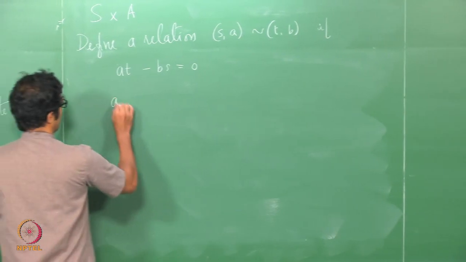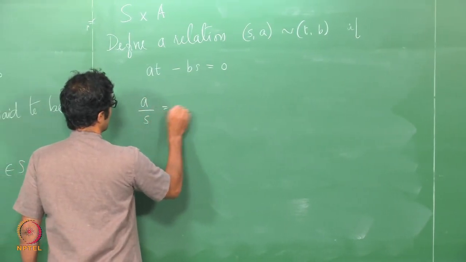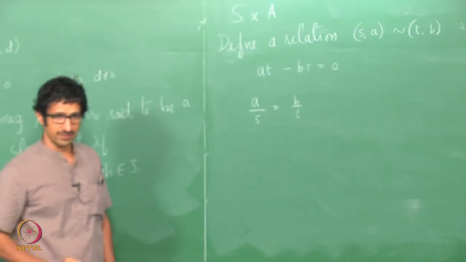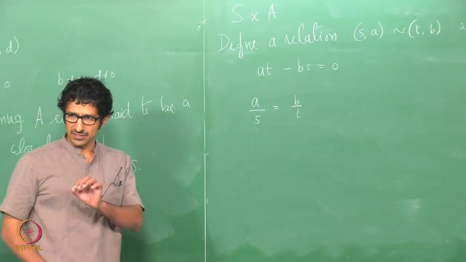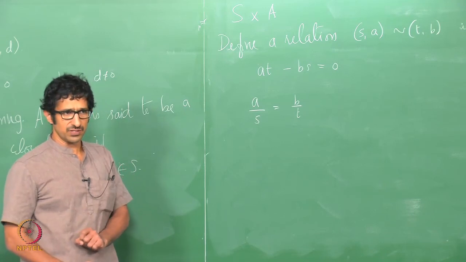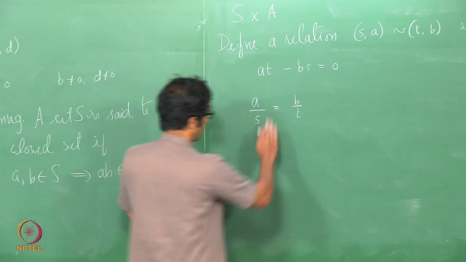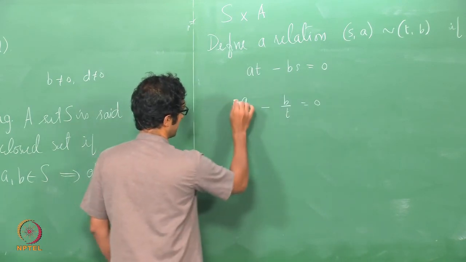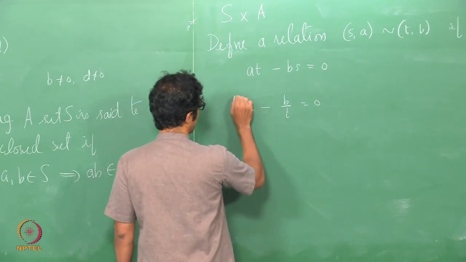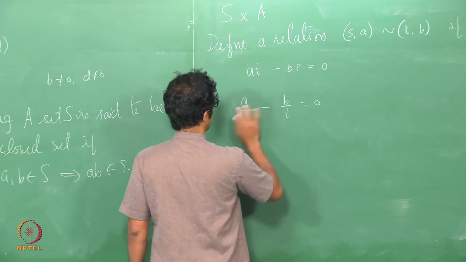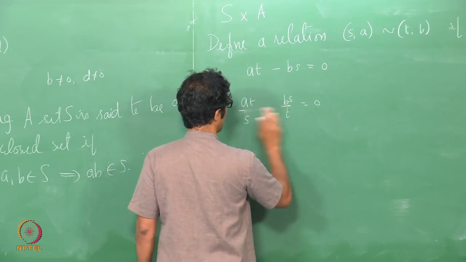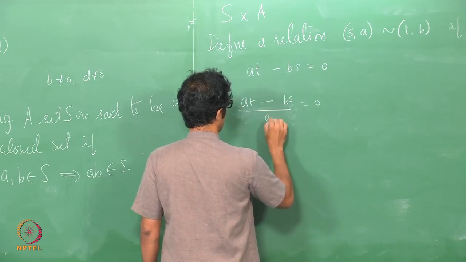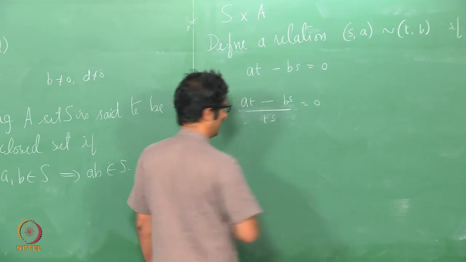We want to say that A by S is same as B by T. Okay. Our aim is like this, but this is AT minus BS divided by TS.